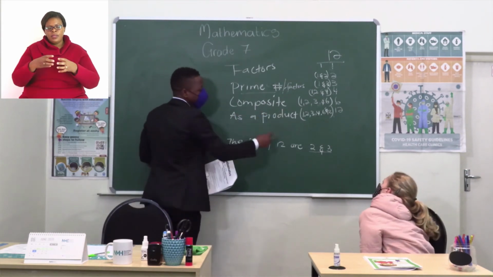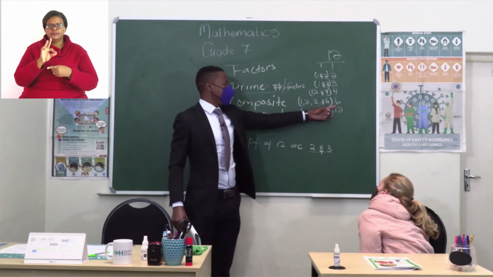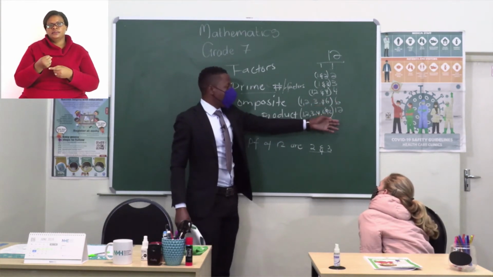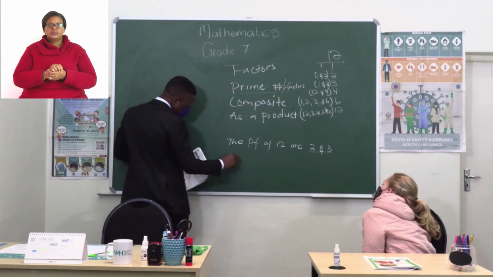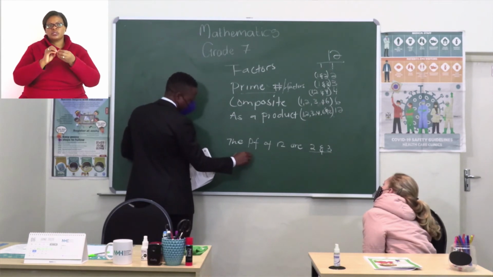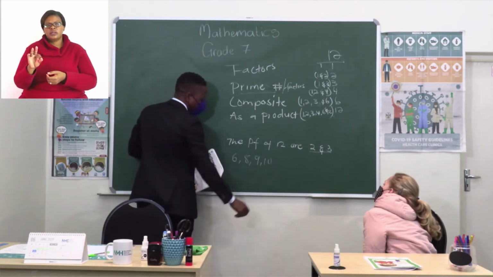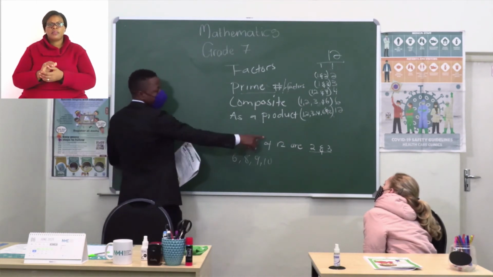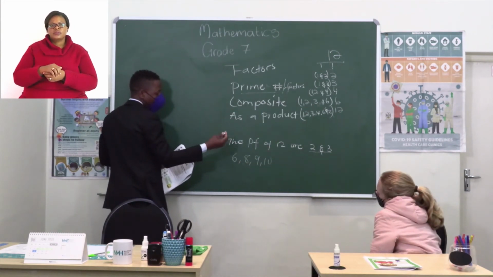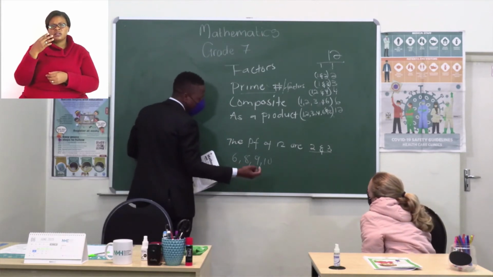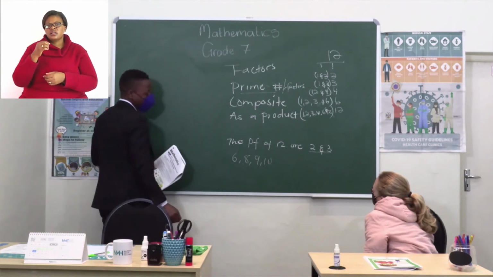Composite numbers are those numbers with more than two factors. 6 is a composite number. 12 is a composite number. Other composite numbers we can talk about: we have 8, we have 9, we have 10, and so on. 8 is having factors 1, 2, 4, and 8. 9 is having 1, 3, and 9, and 10 is having 1, 2, 5, and 10.